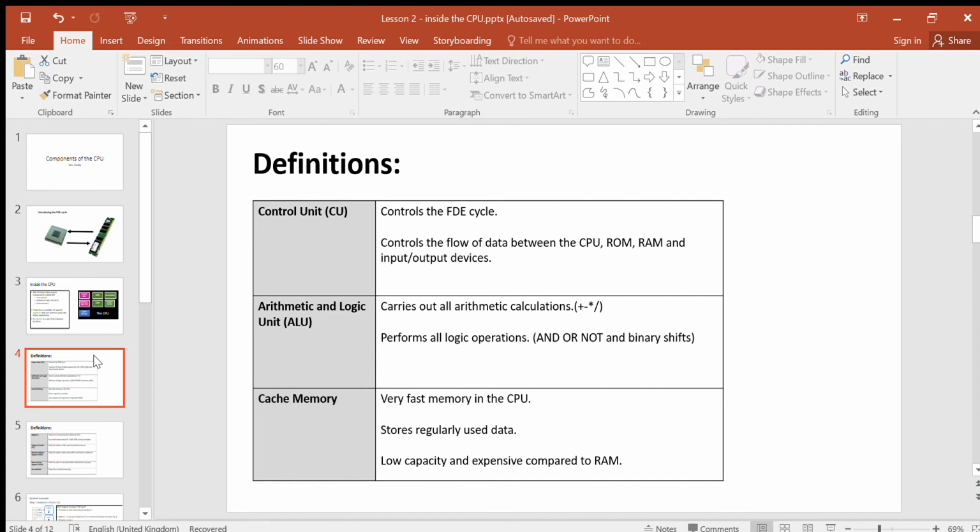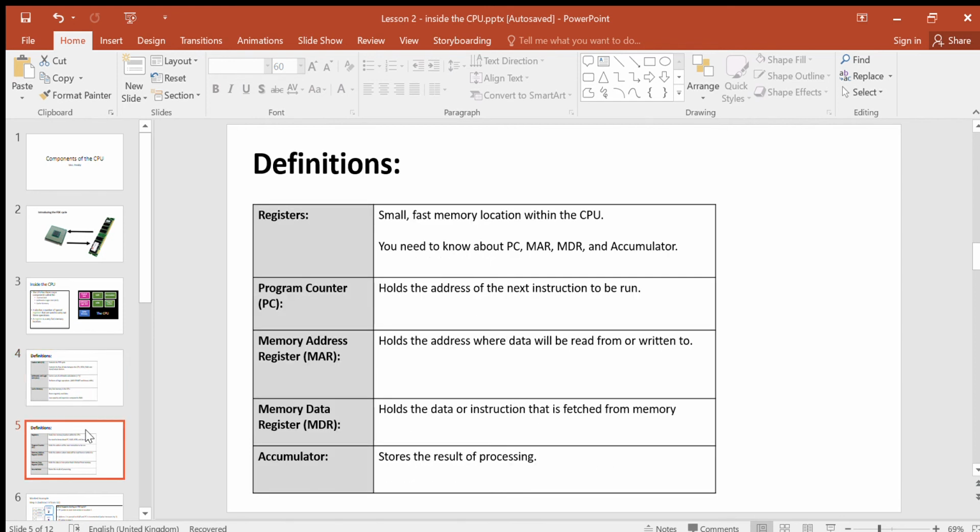So if you load up the same website every day, like your emails, that kind of thing would be held there. It does, however, have a low capacity, and compared to RAM, it's expensive. So it is used for the data that you regularly use. However, you can't hold all the data there, as it would be too expensive in comparison to RAM.